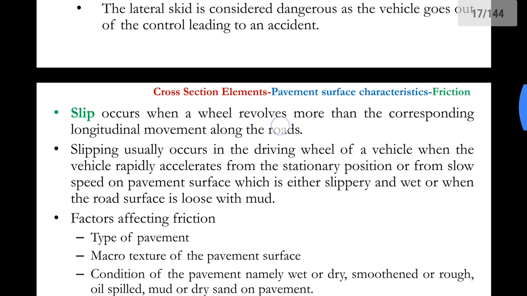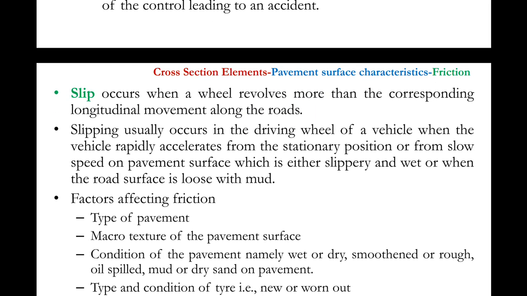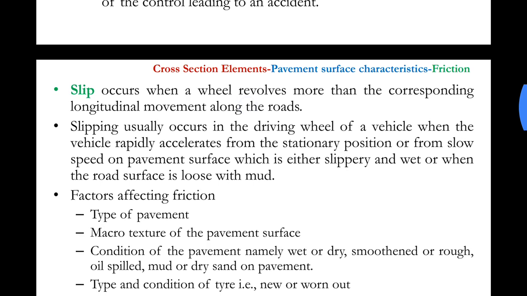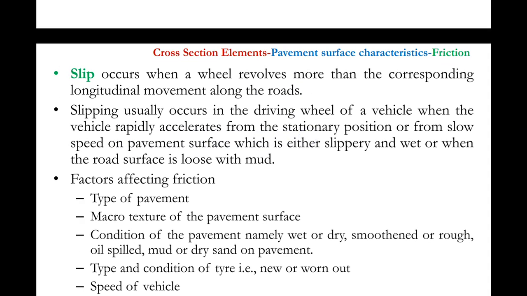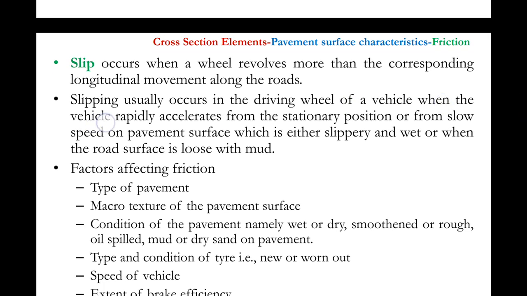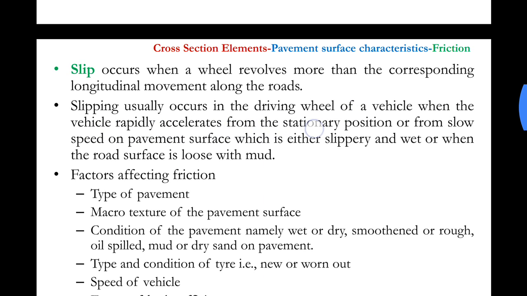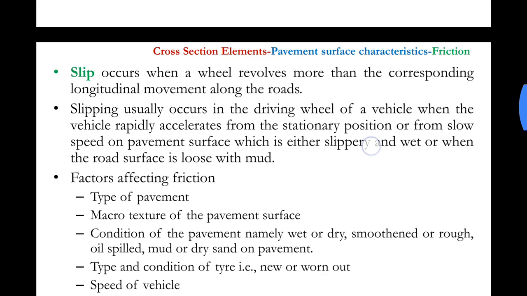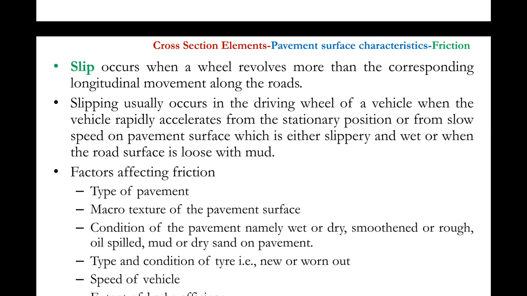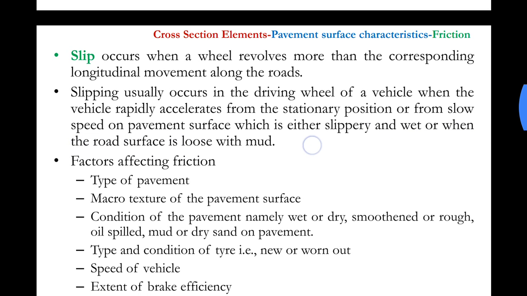Slipping usually occurs in the driving wheel of a vehicle when the vehicle rapidly accelerates from a stationary position or from slow speed on a pavement surface which is either slippery and wet, or when the road surface is loose with mud.